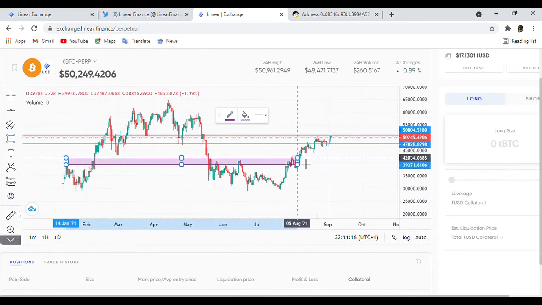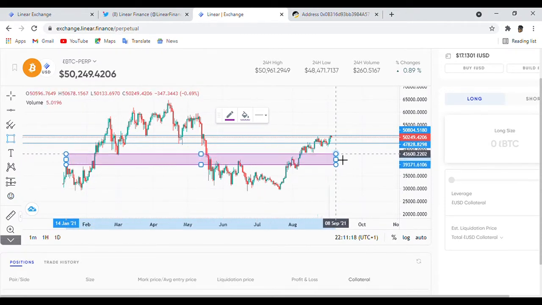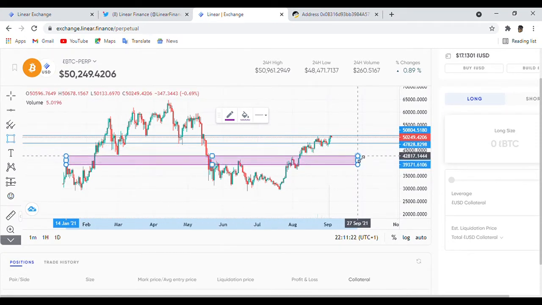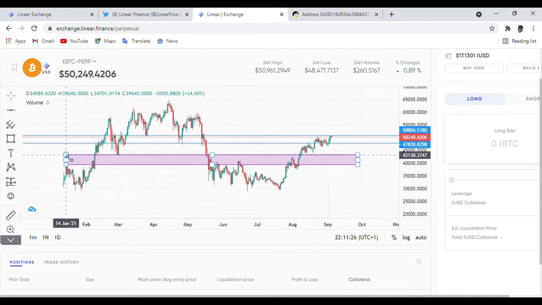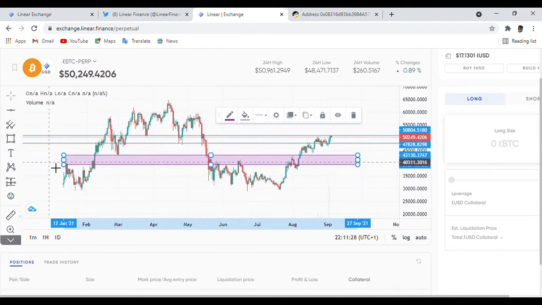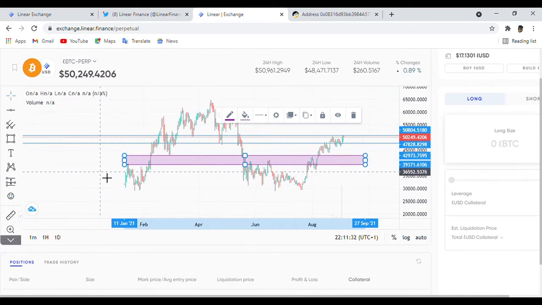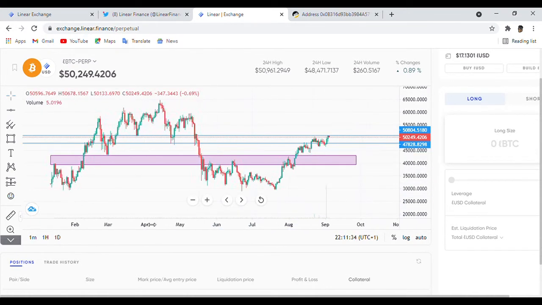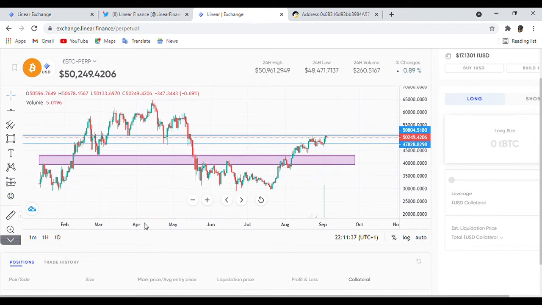So this zone right here, I have as a very strong support and resistance level on BTC. It seems it doesn't want to go beyond this area. So we have this zone as a very strong resistance and support level on BTC.